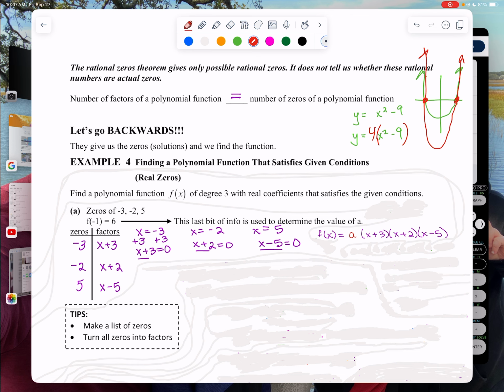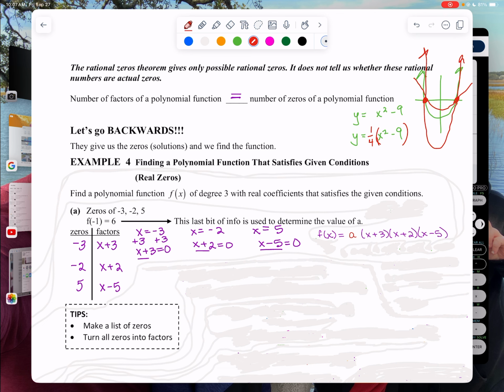So I could put all kinds of numbers in here. I could put a 4, I could put a 0.7, I could put a 1/4, and that would make it flat, right? It would have to be positive.